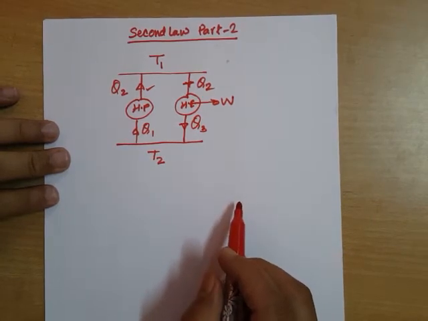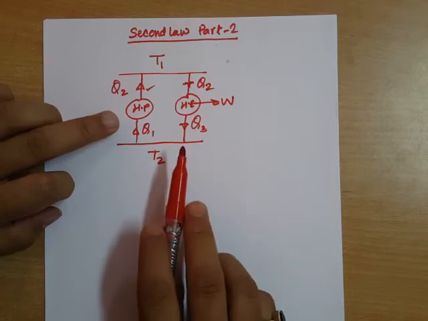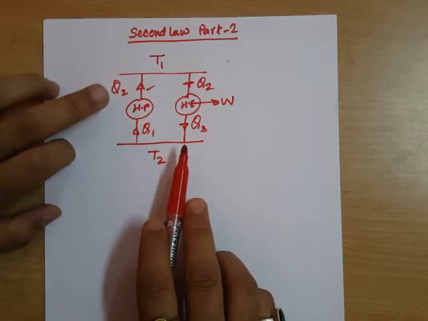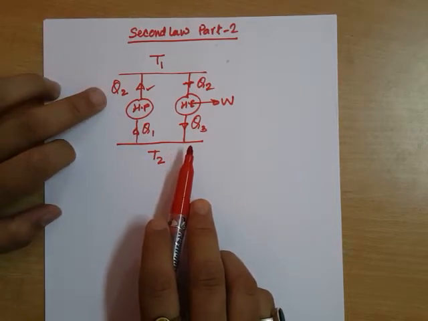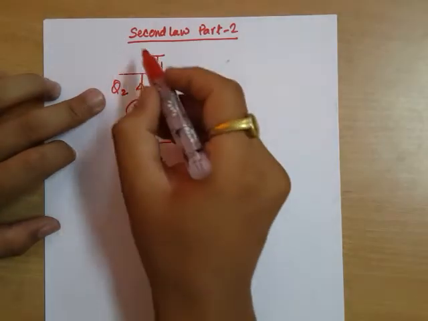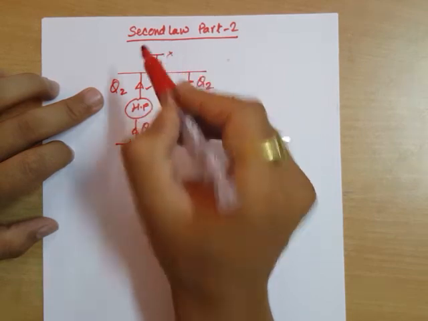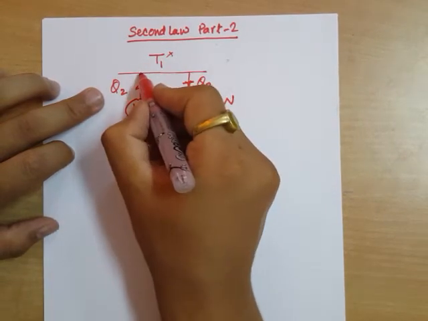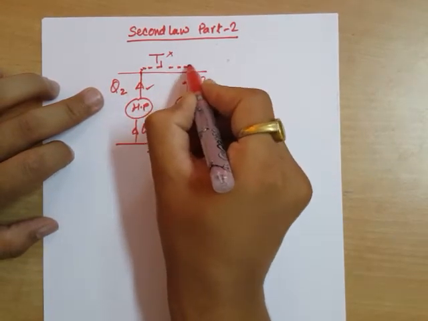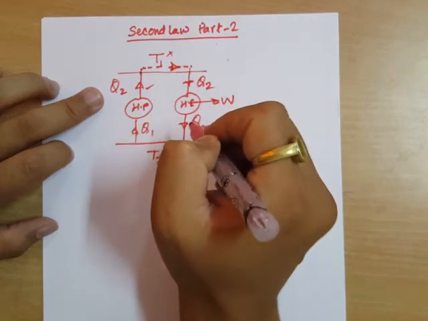Now, if you look at the situation very closely, what is happening? The heat engine is taking the same amount of heat as rejected by this heat pump. So it seems to us that there is no need for this thermal energy reservoir. That simply means we can transfer this heat directly to the heat engine.